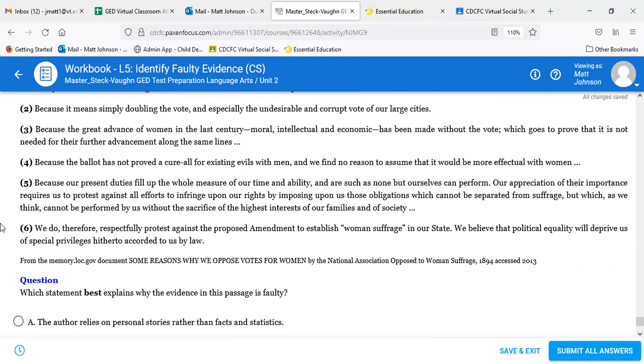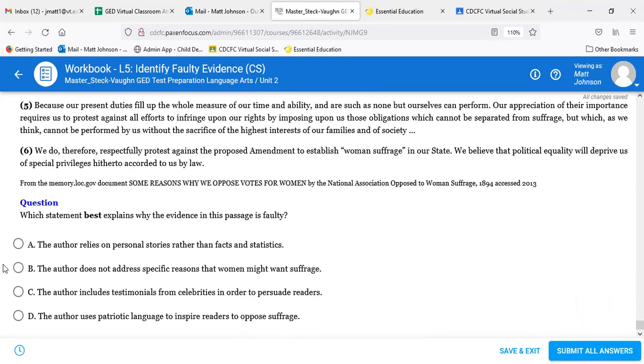And then 13, Christiana, how about finishing off our workbook here, 13? Number 13, which statement best explains why the evidence in this passage is faulty? A, the author relies on personal stories rather than facts and statistics.